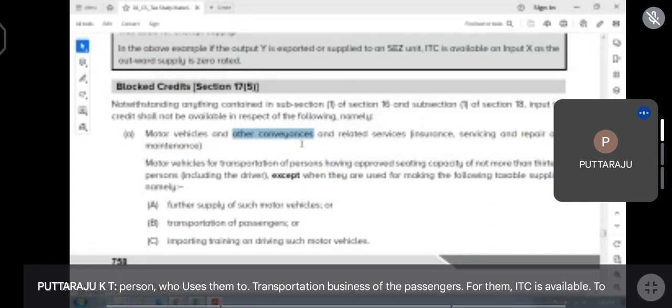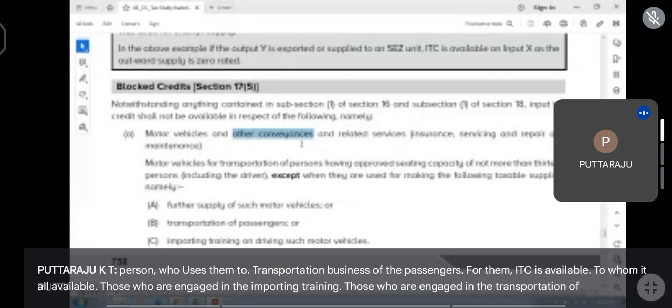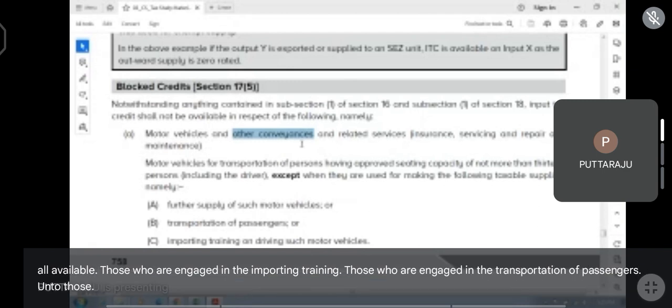To whom is it available? Those who are engaged in imparting training, those who are engaged in the transportation of passengers, and those persons who use them for further sale.